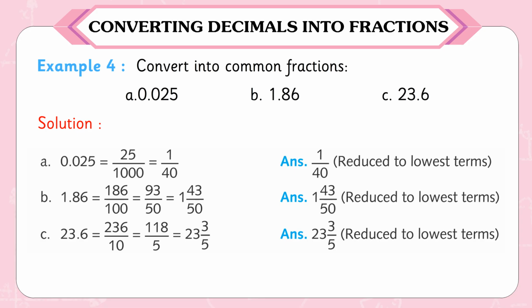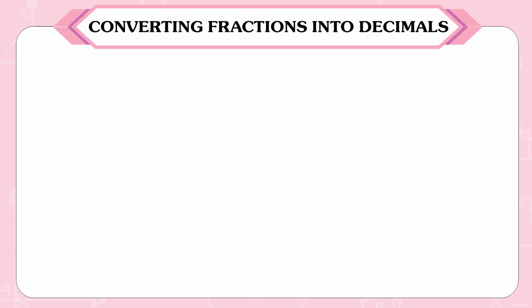Answer. 1 whole 43 upon 50, reduced to lowest terms. C. 23.6 is equal to 236 upon 10, which is equal to 118 upon 5, which is equal to 23 whole 3 upon 5. Answer. 23 whole 3 upon 5, reduced to lowest terms.